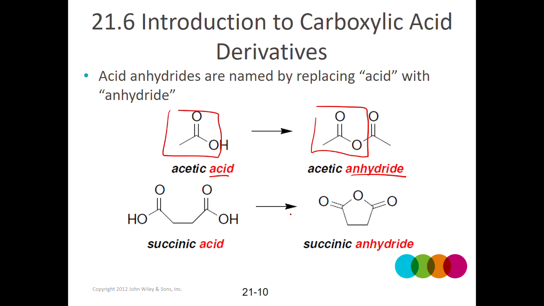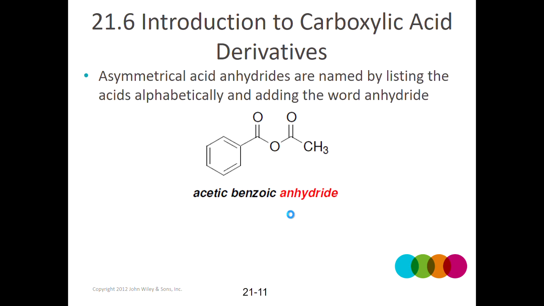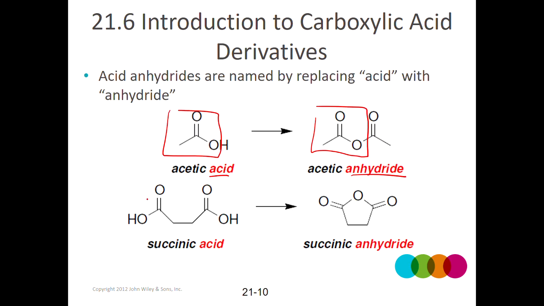So that's a pretty straightforward adjustment to the naming system for anhydrides. That's when you have a symmetrical anhydride, I should say, when the two sides of the anhydride, the two groups attached here, are identical. Then it's a simple replacement of the word acid with anhydride.